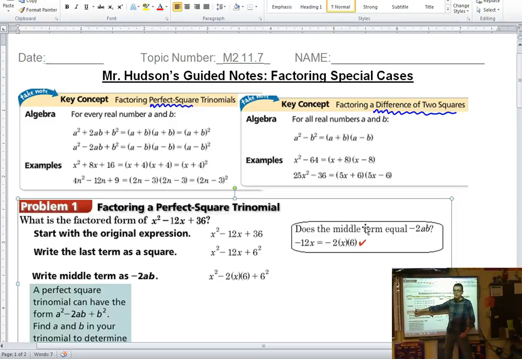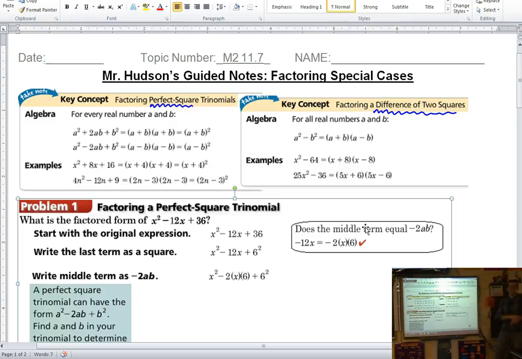So I know that my 4n squared has to be broken into 2n and 2n. If we're trying to do perfect square, that has to be it. I can't do the 4n and the 1n. Then I have to see, what is the square root of 9? In this situation, to get my middle term negative, I have to use the negative square root, because remember, square roots have the positive or the negative options.